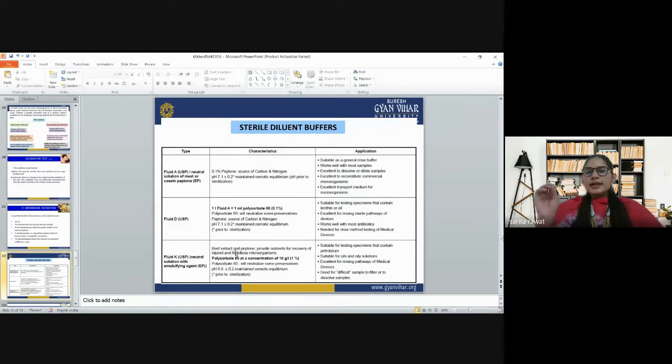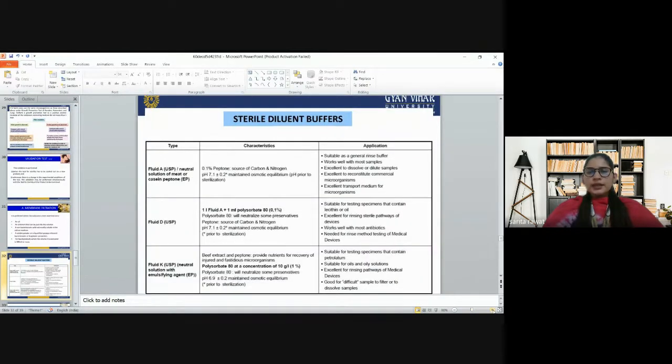Now, sterile diluents and rinsing buffers: type of buffer, characteristics and application. Fluid A USP is a neutral solution of meat or casein peptone. The characteristics are 0.1% peptone, a source of carbon and nitrogen, pH 7.1 plus or minus 0.2, maintaining osmotic equilibrium prior to sterilization.